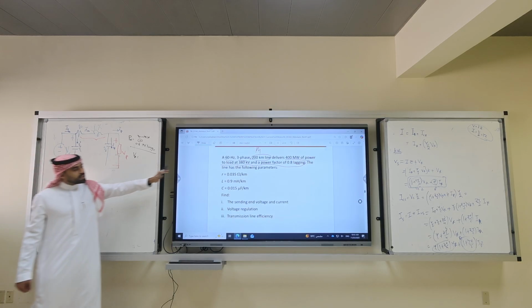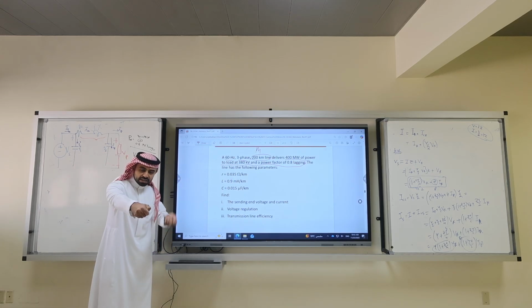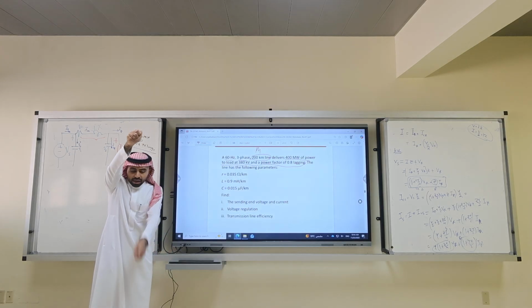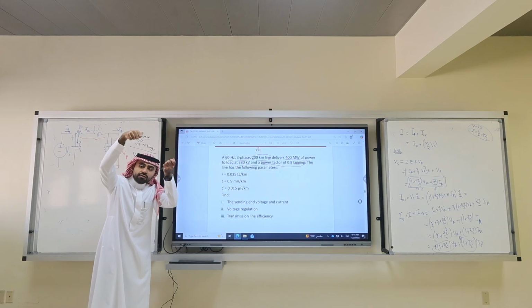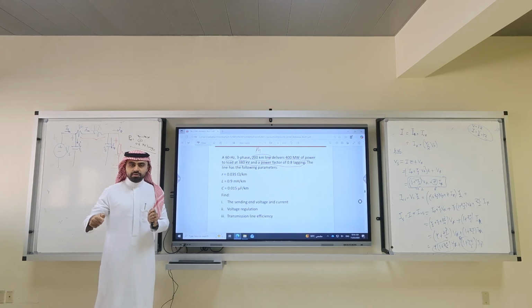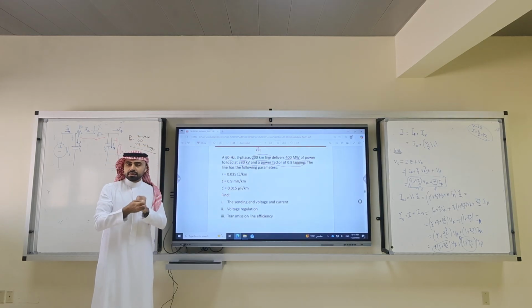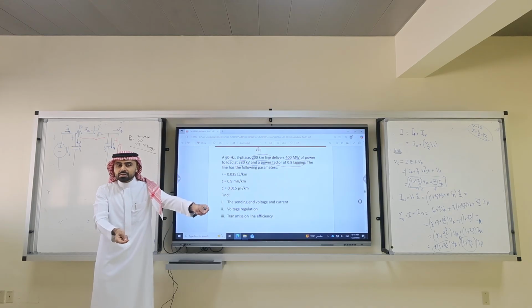The quantity given here is 380. It means if I measure phase A and phase B, it should be 380. Why? Because the lineman cannot measure one line and ground. He only measures the voltage between the 2 lines. It is safer. Because if you measure the line-to-line voltage, there is equipment, you just connect it and you measure the line-to-line voltage.